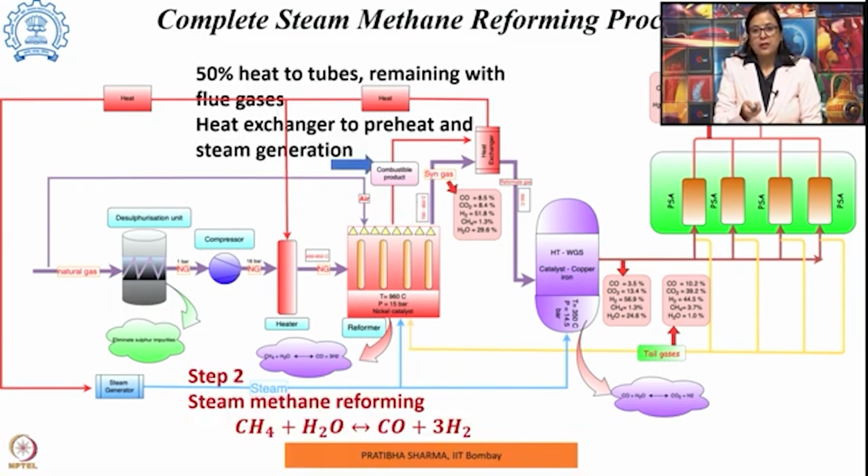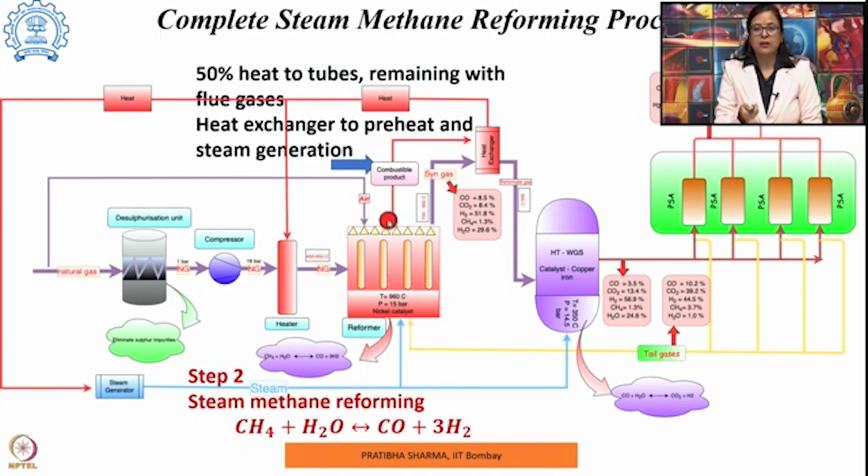In this process of combustion which is taking place in the burner, 50% of the heat which is being supplied is taken up for the reforming reaction in the tubes. However, the remaining heat which comes with the combustion gases or the flue gases can also be utilized.